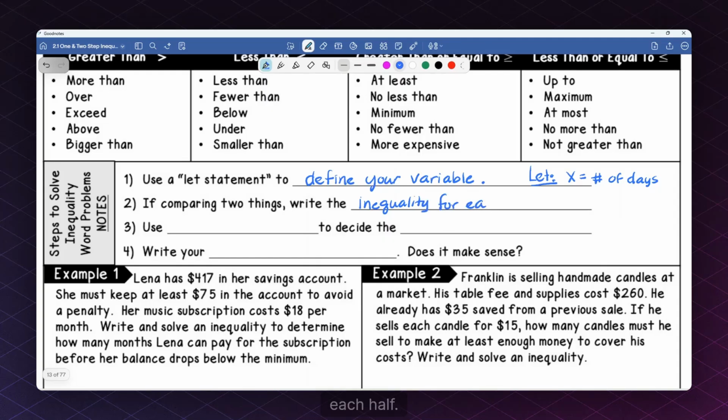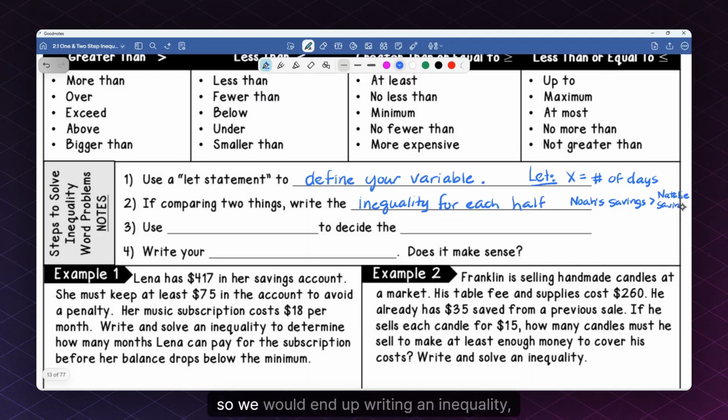for each half. Now, the first couple of problems I gave you in these notes, we're not going to be comparing two different things. We're just going to have one thing. But most of your problems are going to be comparing two things. So let me give you an example of what I mean. We might have a situation related to, say, Noah's savings, and you would write an inequality for that and compare it to Natalie's savings.